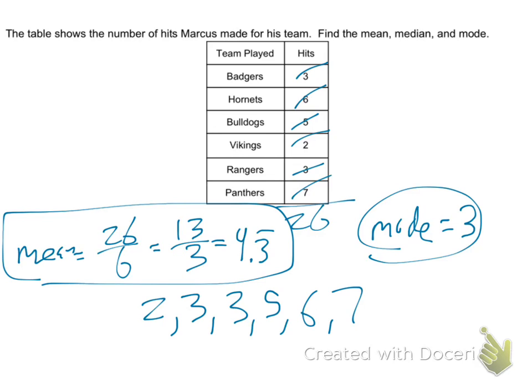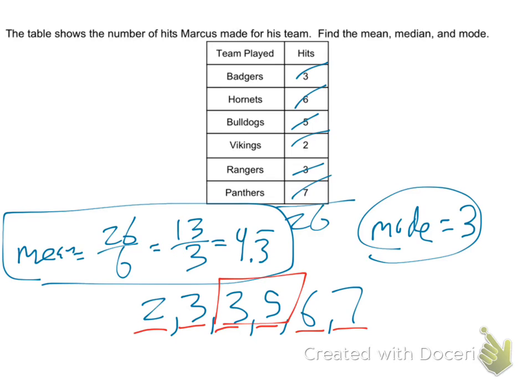The median, guys, it's a little bit harder to show this on the screen, but what I really would do is literally take an index finger on each hand, cover up the 7 and the 2, and start walking one space at a time in. So I'd be here for my first time, and then take a step in. My next step would be between the 3 and the 6. Another step in is 3 and 5.